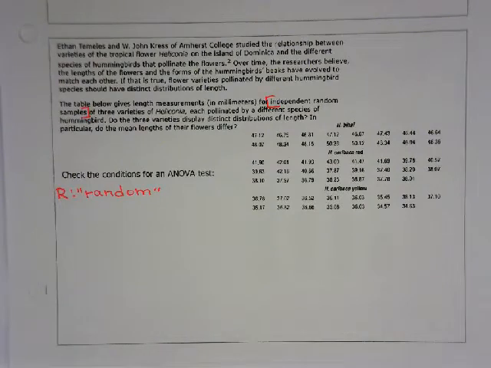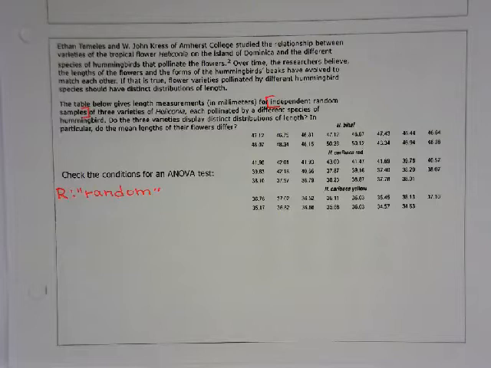That part is good. Are we sampling with or without replacement? Without. We're not picking a flower, measuring it, putting it back, and then possibly picking it again. So we have to check the 10% condition.